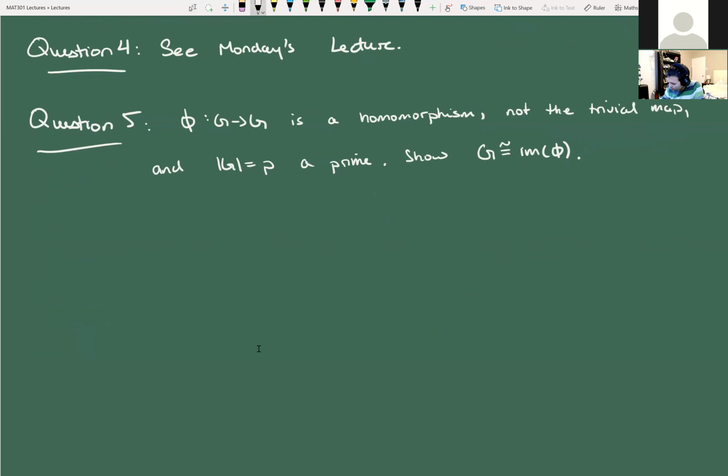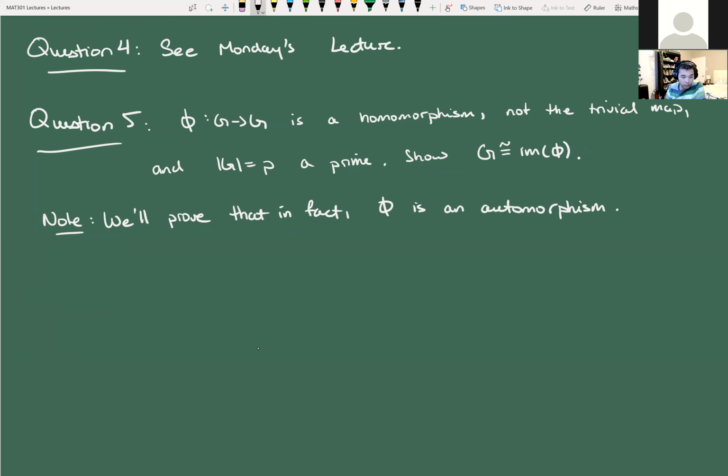Note, we will prove that in fact phi is an automorphism, namely that it is surjective.